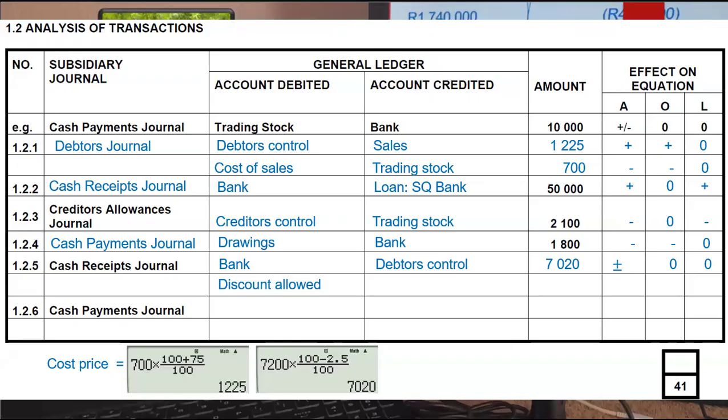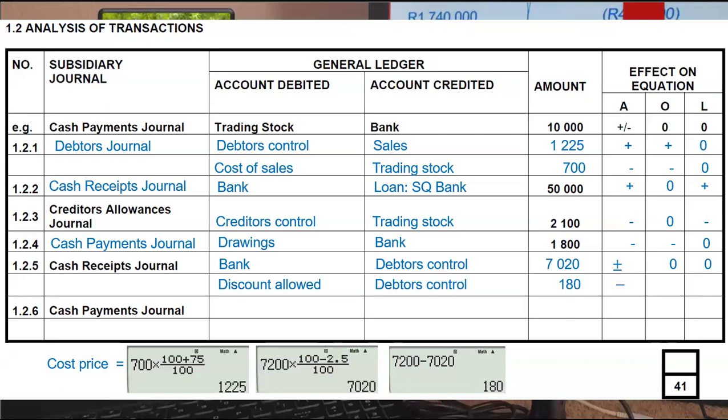Then we're going to credit debtors control. Your asset there is going down. It will go down by a total amount of 7,200, and it'll go down by that 180, which will take it straight to 7,200. Under assets we have minus.